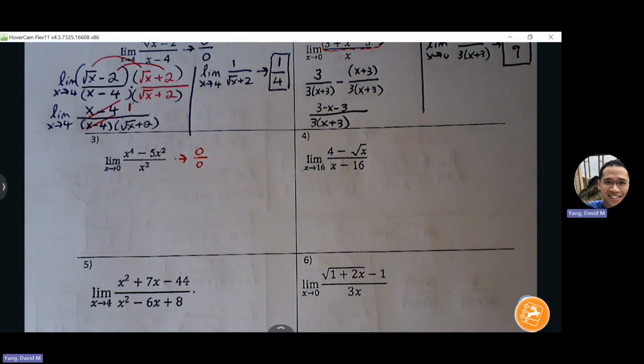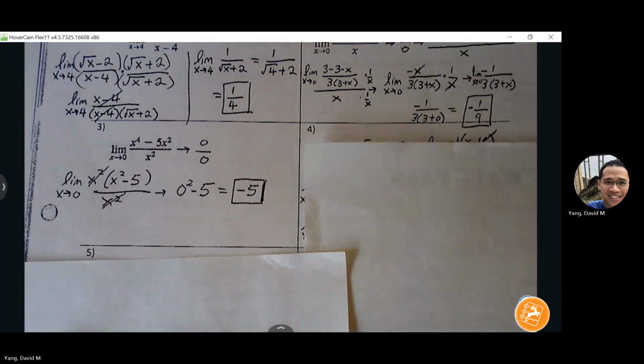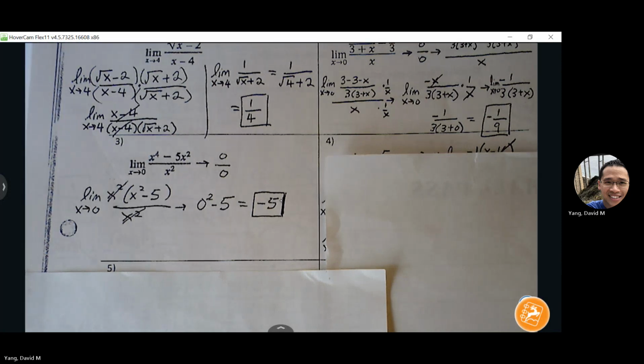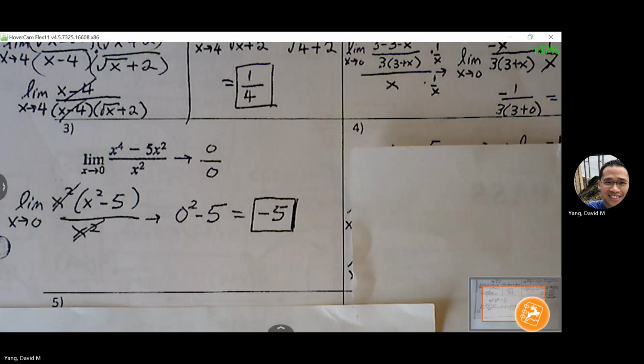So once you factor out that x squared, they can cancel out between numerator and denominator, reevaluate, and that will take you to a real number. Okay, questions? Right, number 4.